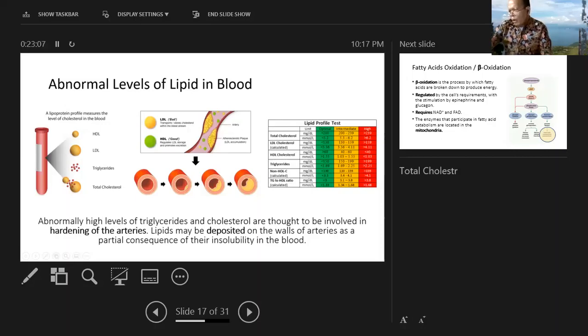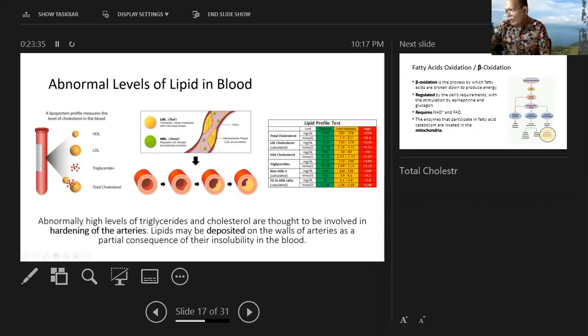So in discussing LDL, we can see that this LDL will deposit in the capillary blood system, and somehow it will block this capillary system. Then have a look at this lipid profile test.